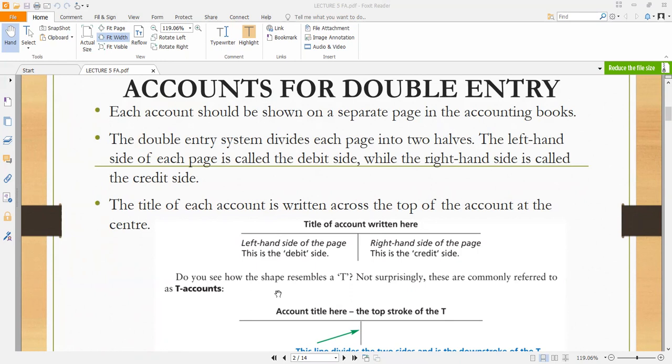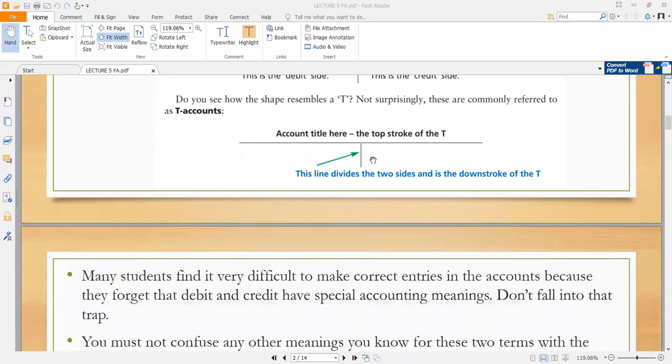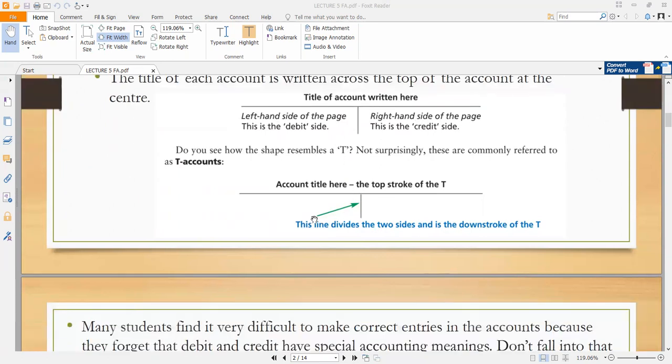The line coming down divides the two sides and is the downstroke of the T. So this is what we call a T account. In the T account, the left side is debit, the right side is credit.